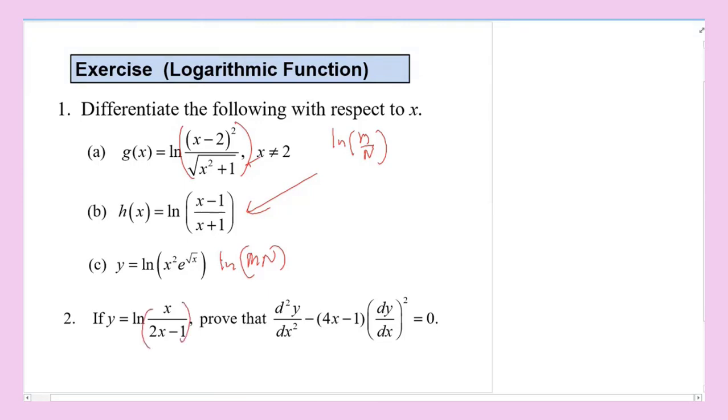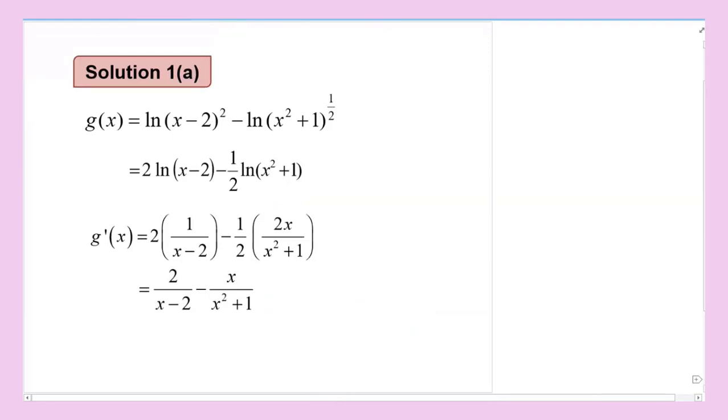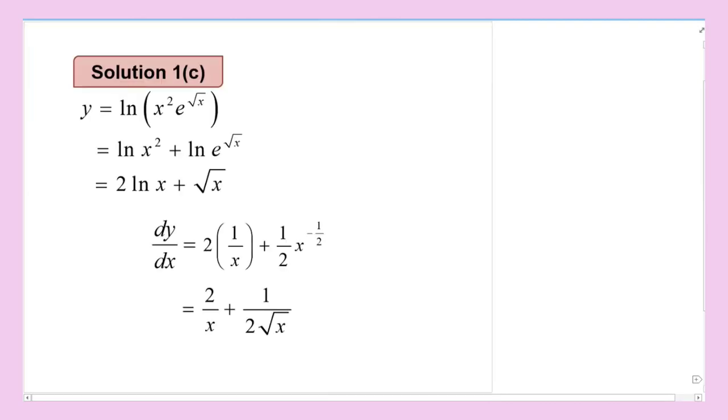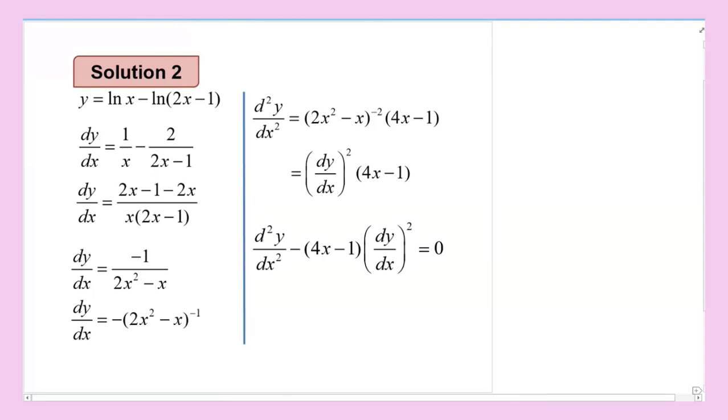So ni now same juga. Ini ln m over n kan. Dia proof sampai sini. Okay, siapa nak buat try lah. Ni solution for B, C. Ni solution untuk shown ke apa.